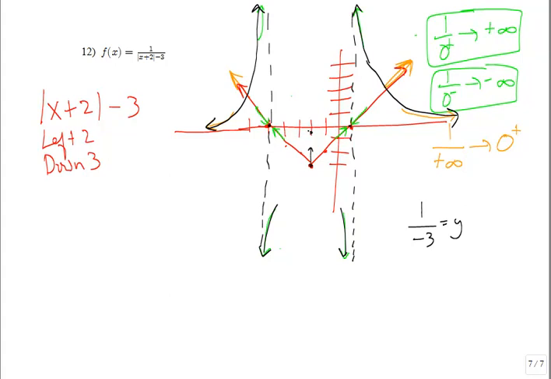So all we have to do now is connect that down to these two pieces that we know should shoot down. So this vertex in our V got pushed up to -1/3 by just taking 1 over whatever this y coordinate happened to be. So this graph in black is my final solution.